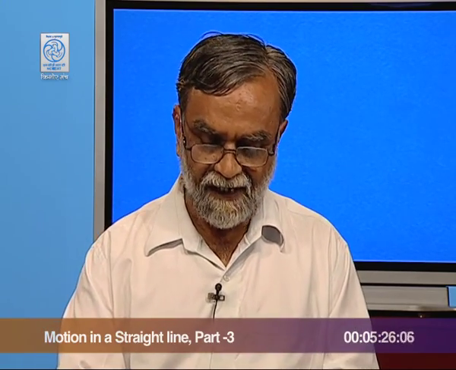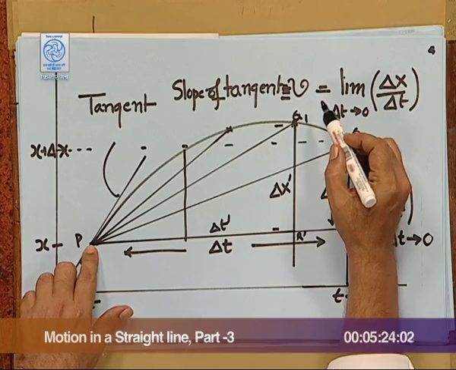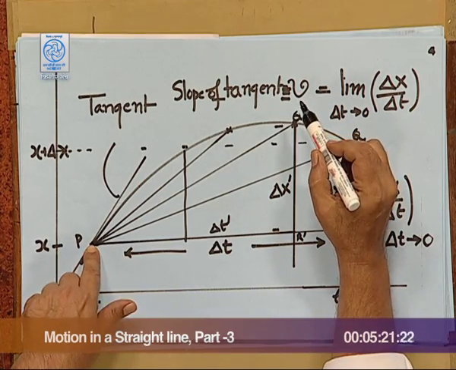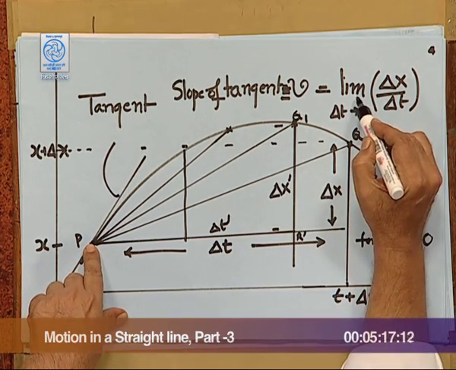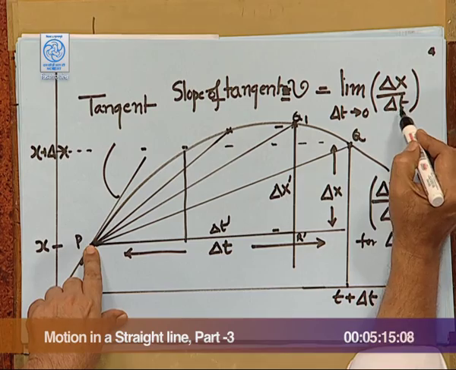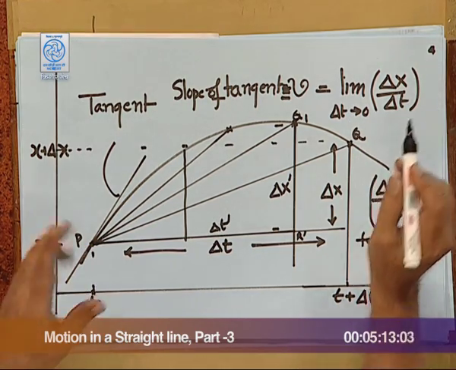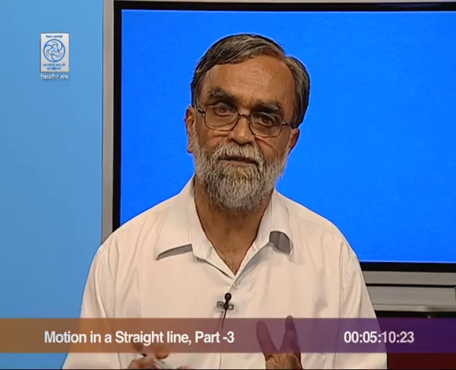The slope of the line at P, that is V, which is the slope of the tangent at point P, is written as limit of delta x by delta t as delta t tends to 0, and is called the instantaneous velocity at point P. This is instantaneous velocity.